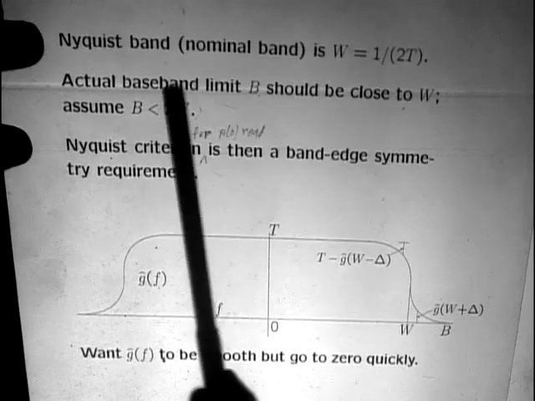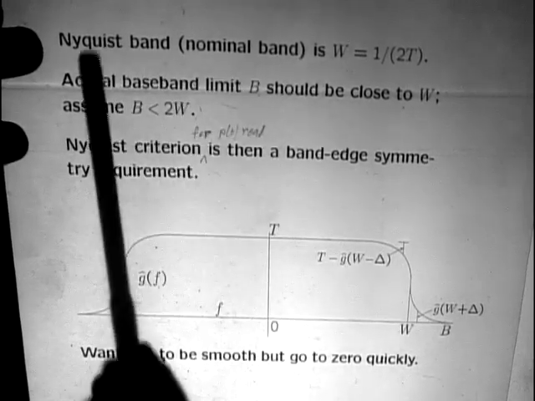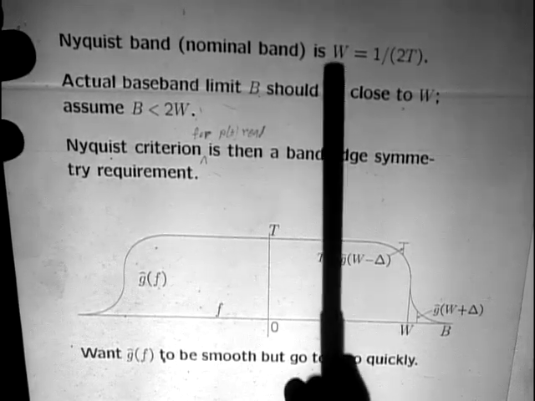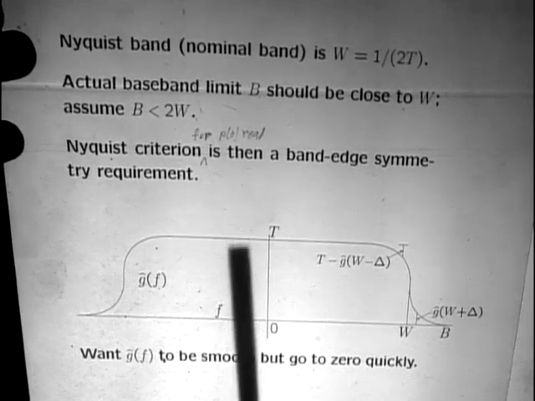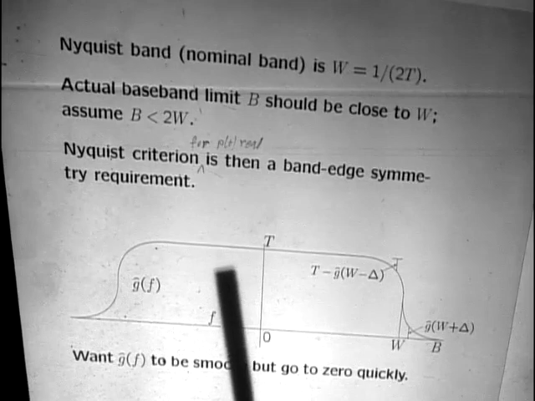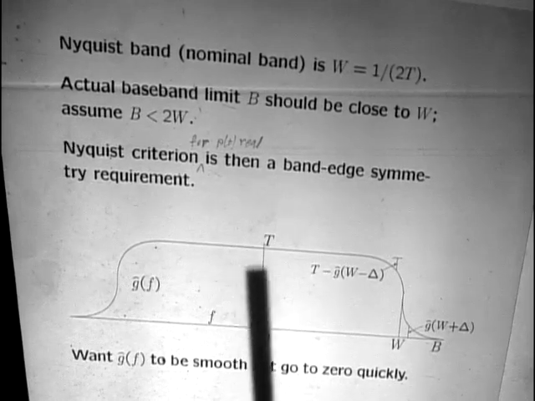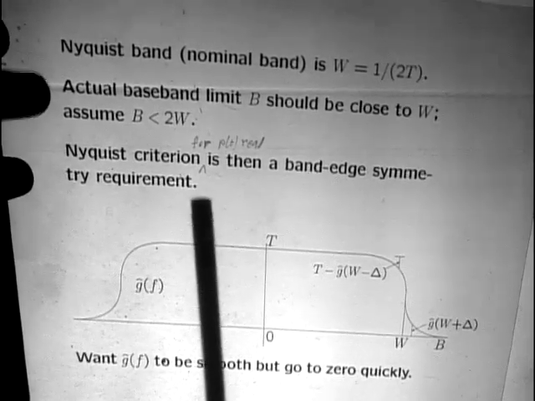Okay, we define the nominal band, the Nyquist band, as the baseband bandwidth W equals 1 over 2T. That's the bandwidth that a sinc pulse would have if you were using a sinc pulse.